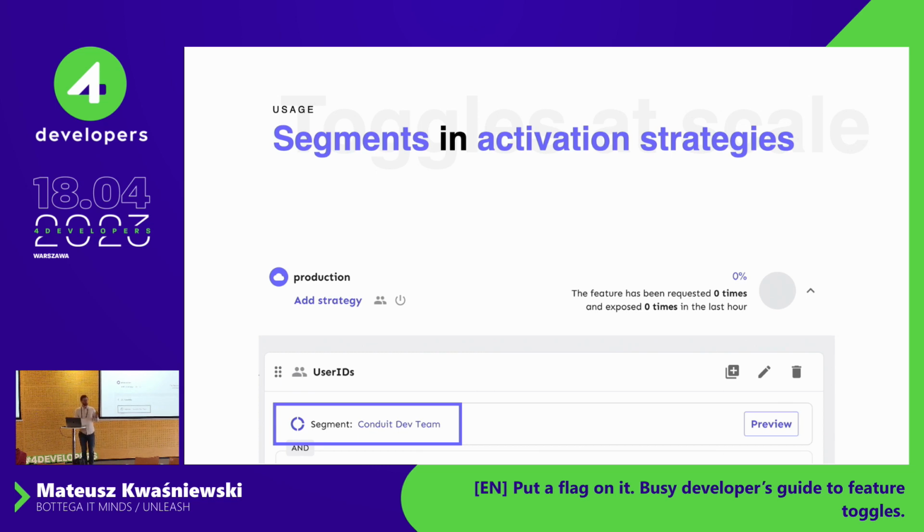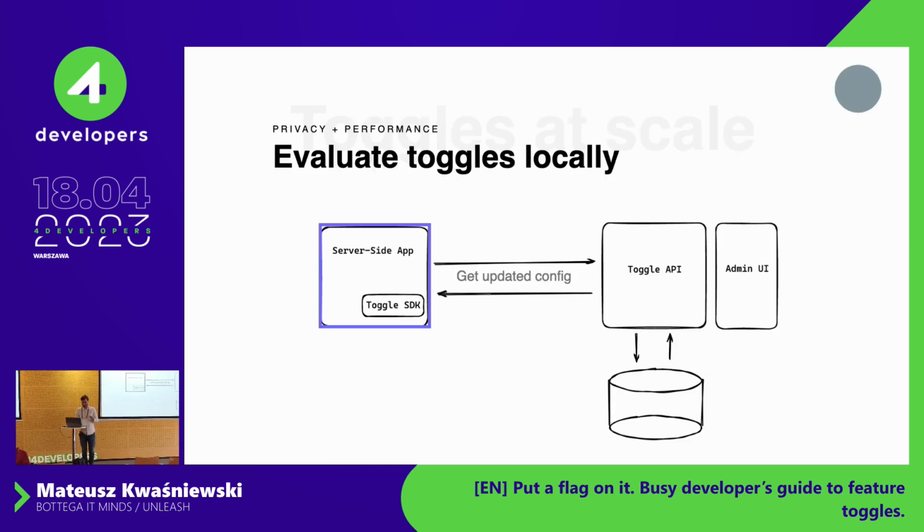And there's one super important part here in this architecture, is that the information about your user ID, about your email, the application that you work on, should never leave this place. It should never leave your toggle SDK. Why is that? Why shouldn't we send this data to the Toggle API? Why should we only get the initial config from the Toggle API and evaluate everything locally? There are 2 reasons.